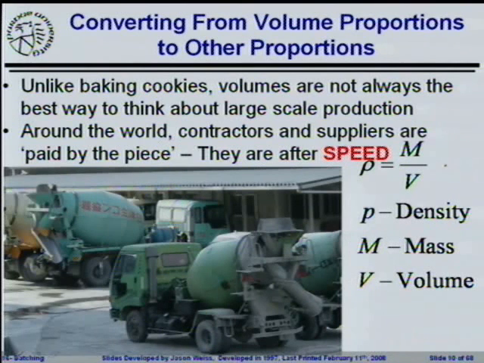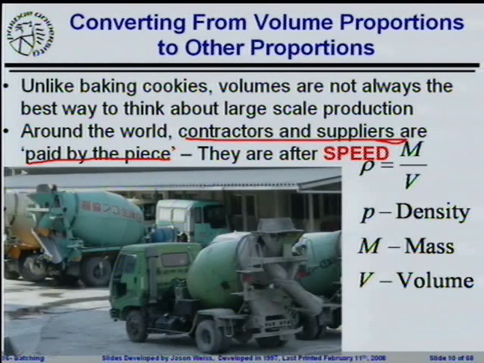And one of the main reasons for this is around the world, contractors are typically paid by the piece. So if you hear people talking about this, it's fairly common in the commercial applications where you get paid per cubic yard of concrete that's supplied. You get paid per square yard of pavement that's put down.